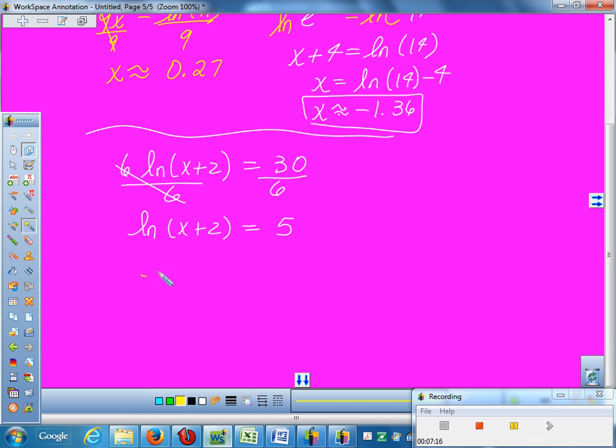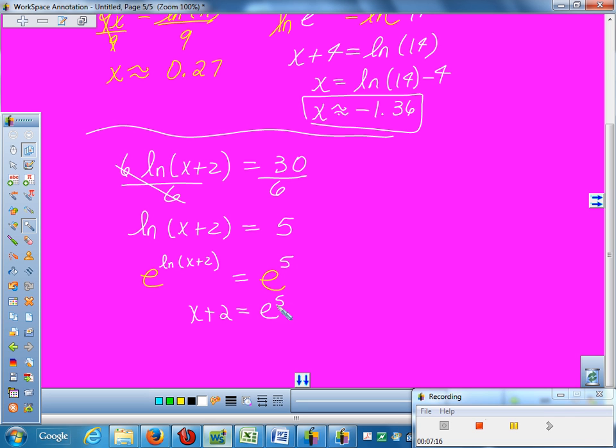But what I can do is put an e on here, and then raise the natural log as the power on the e. But of course, if I do that to the left side, I have to do that to the right side. So now I will have e to the 5th. E and natural log cancel out, and I will have x plus 2 equals e to the 5th.